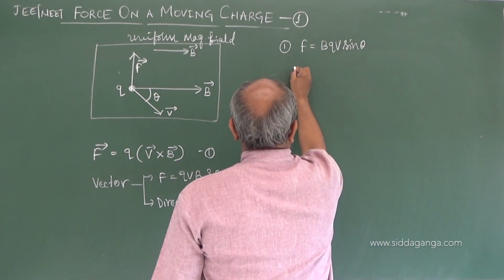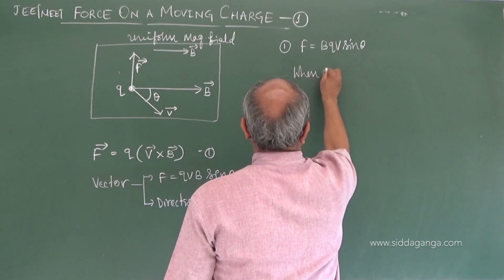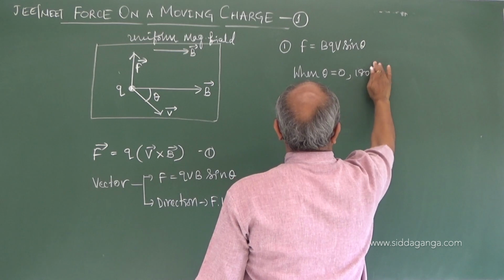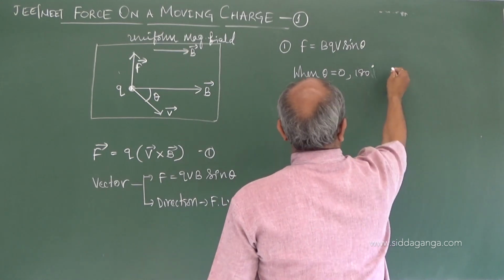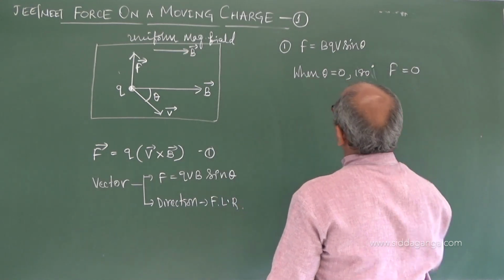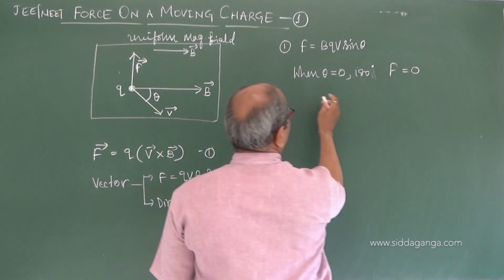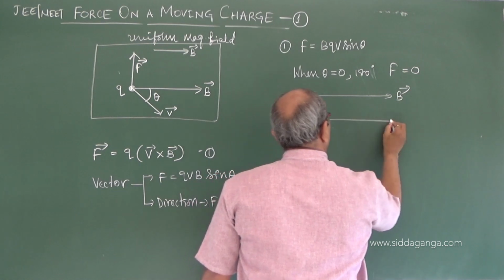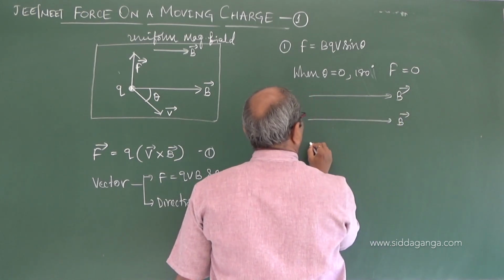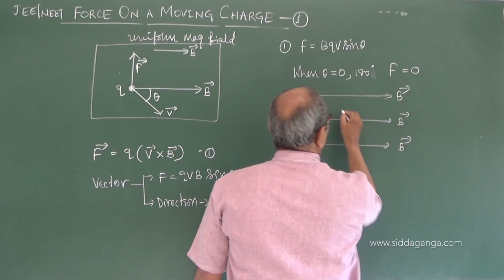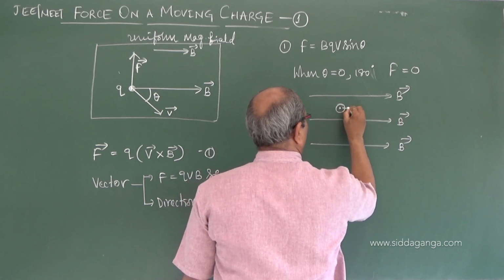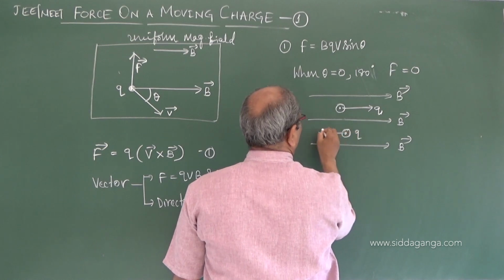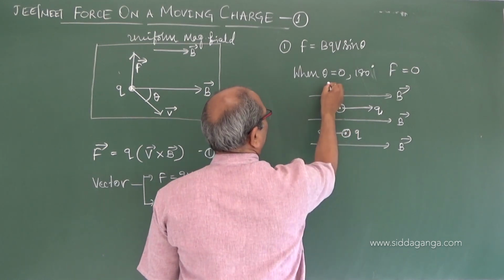When theta is 0 or 180 degrees, the force becomes 0 because sin theta is 0. That means when the charge moves parallel to the direction of the magnetic field, or opposite to the direction of the magnetic field, the force is 0.